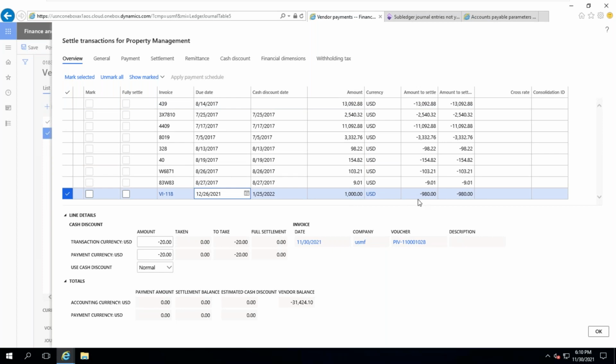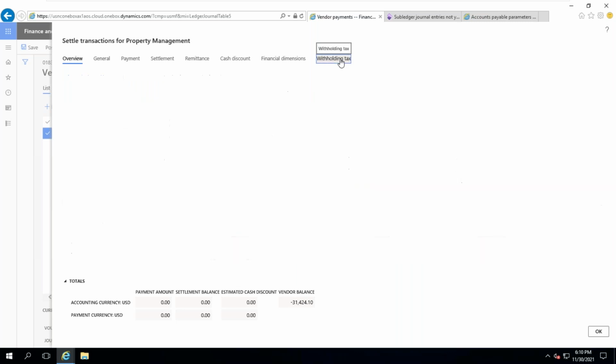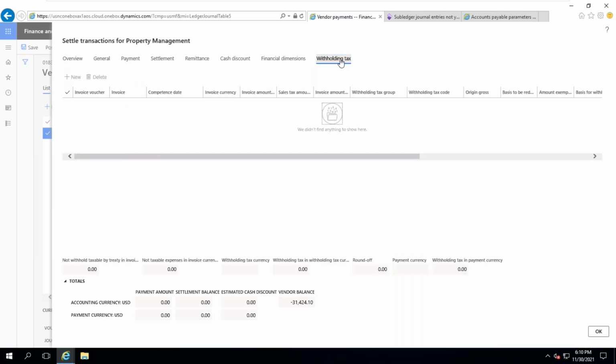Of course there is a cash discount. It is 980. The cash discount is different, and I still need to explain it. I think I have not explained this one. We'll discuss it later. Because now it is a 1000 invoice, but if you go to withholding tax, wait a second, it will be loaded. First it will not show anything, but it will be loaded. Give me a second.